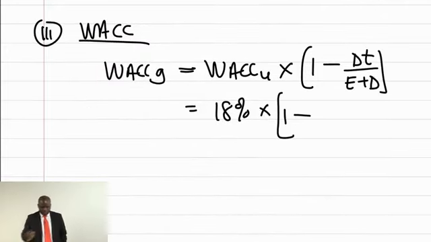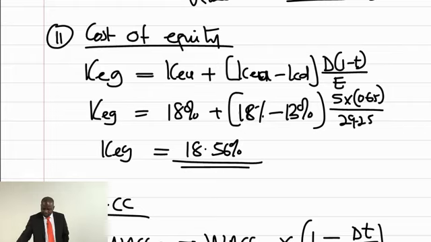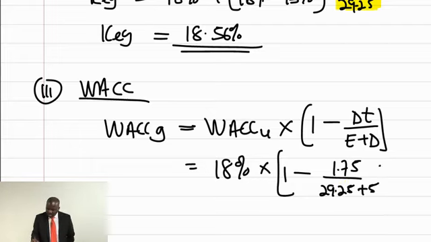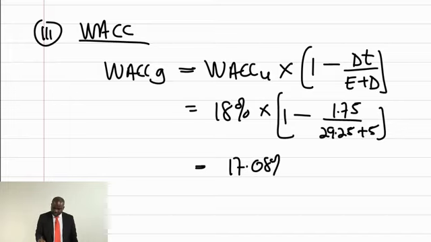1.75. So you have 1.75 divided by equity, we said is 29.25, plus 5. You can put the total market value there anyway. And then when you solve this mathematically, you should be able to get 17.08%.